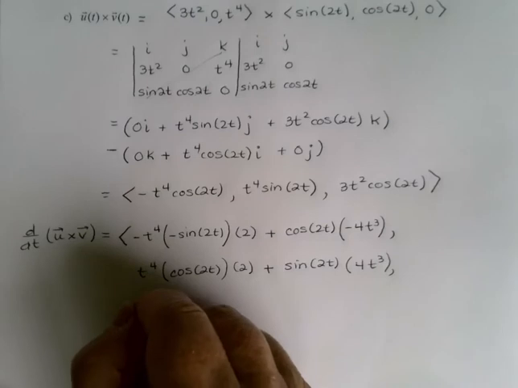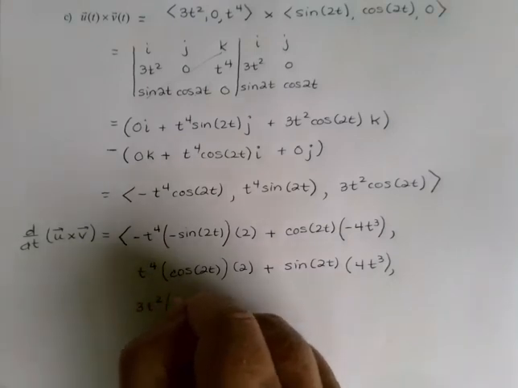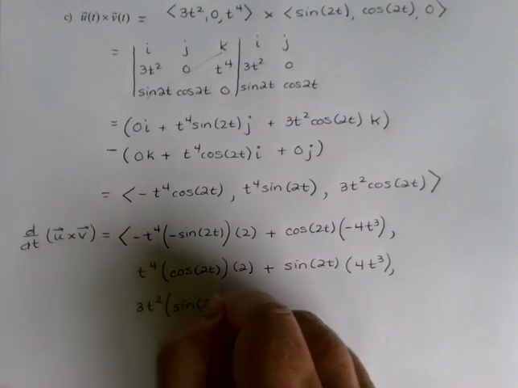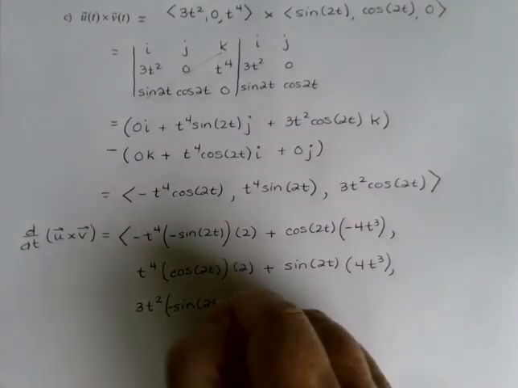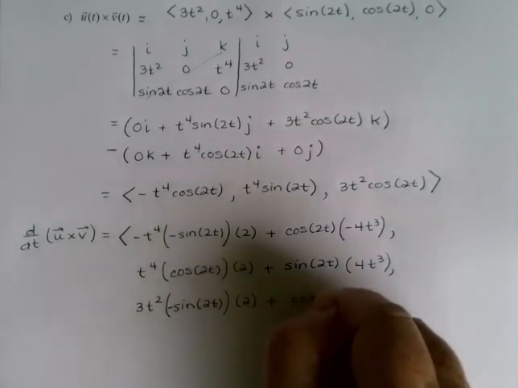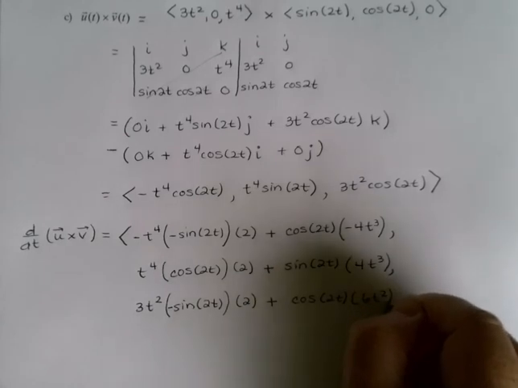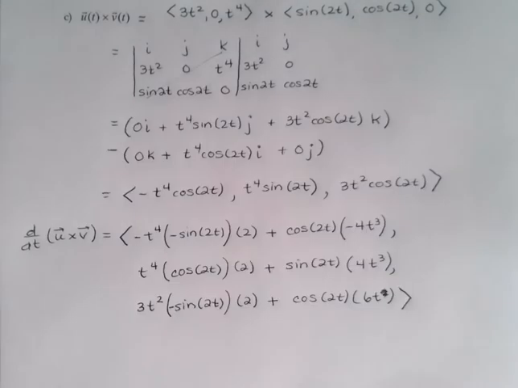And the last one, 3t squared times, oops, that should have been a negative sine 2t times 2 plus cosine 2t times 6t squared. 6t to the first. Goodness. My derivative skills must be a little rusty too here.